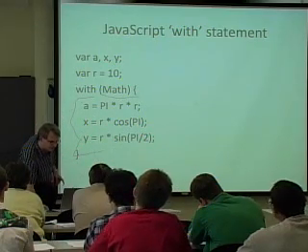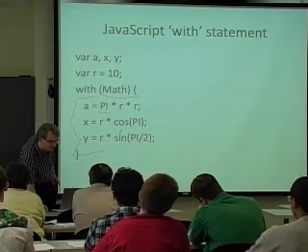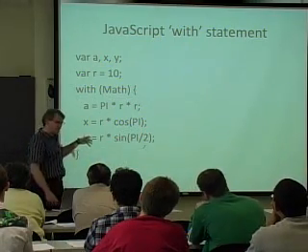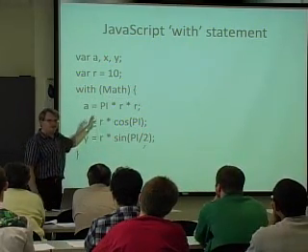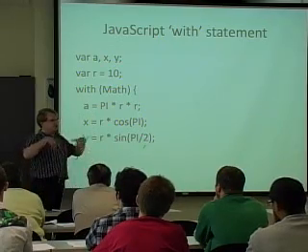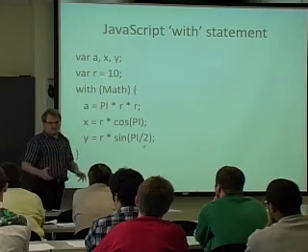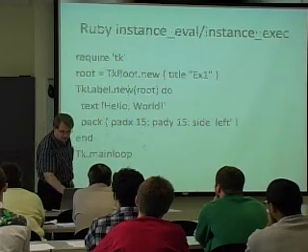So for example, you've got pi here, you've got cosine here, you've got sine here. This is not quite as powerful as the others that I just discussed, because you're still kind of programming in your main language here. But you get some of the benefits.